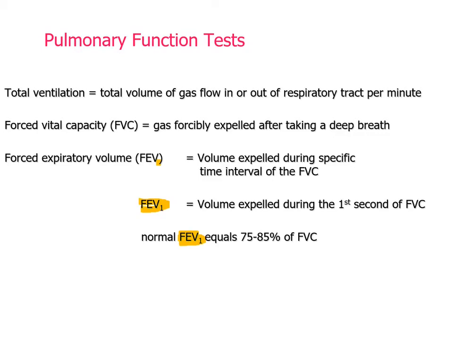But in the first second, it'll equal about 75 to 85% of the FVC volume. And we did this in the lab. I think the data I gave you showed a 72% FEV1, which is perfectly fine. It's very close to the normal.